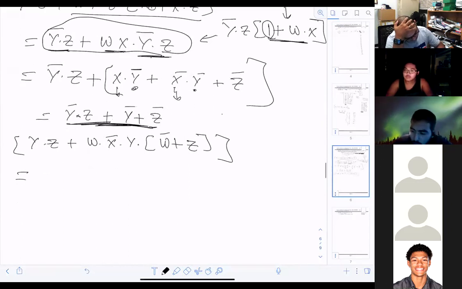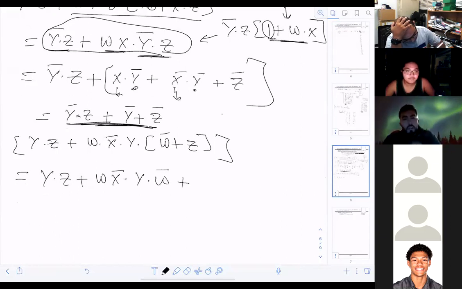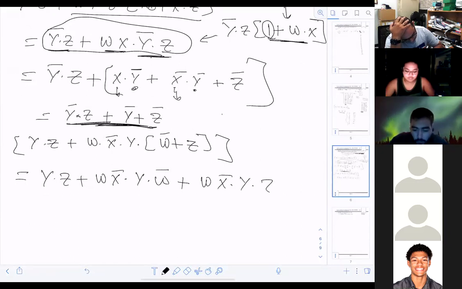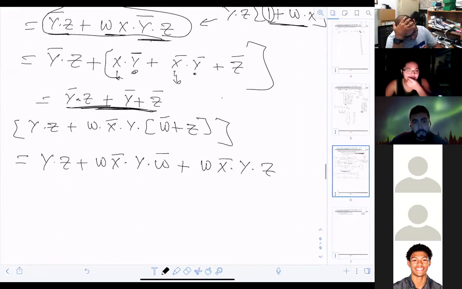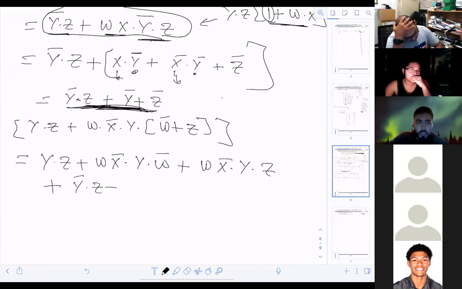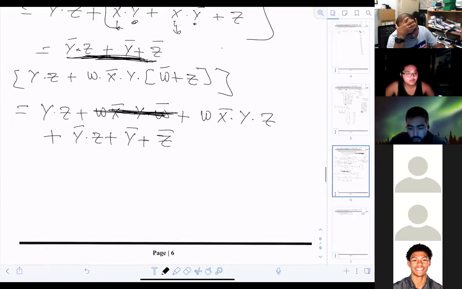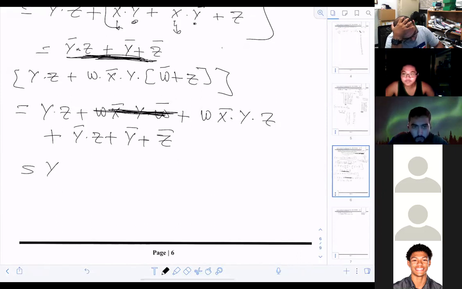So here it's going to be Y Z with W X complement Y W complement, then W X Y Z, right? That should be added also to these two. So it's going to be Y complement Z with Y with Z. Now this is gone, so we just have an equation now.